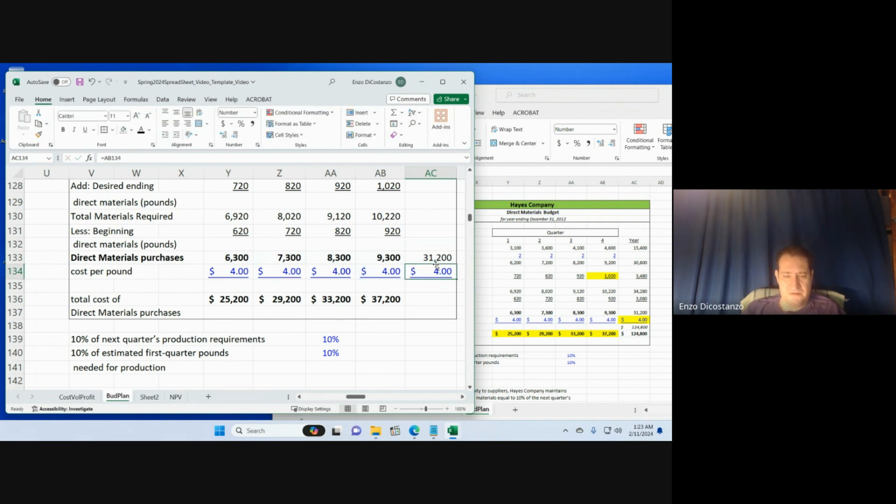This is the $4. Okay. And then here you can just say equals product. That's 124,000, or sum all of this stuff. Whoops. That's your 124,800. Okay. So this is our third budget that we worked on.